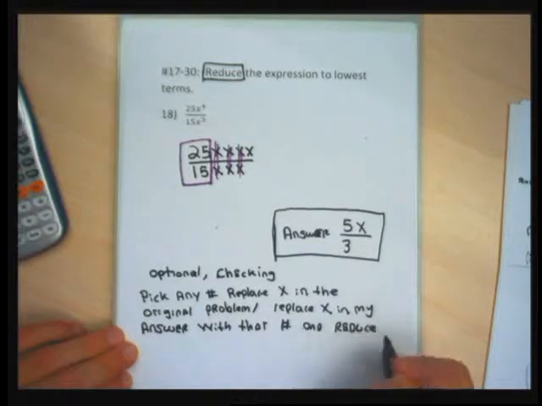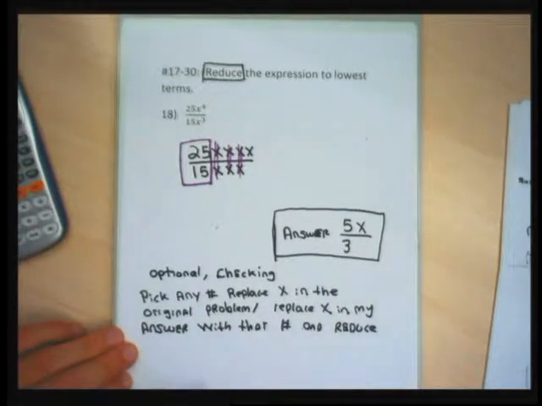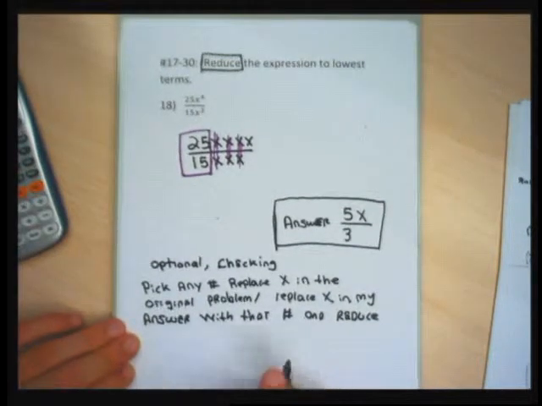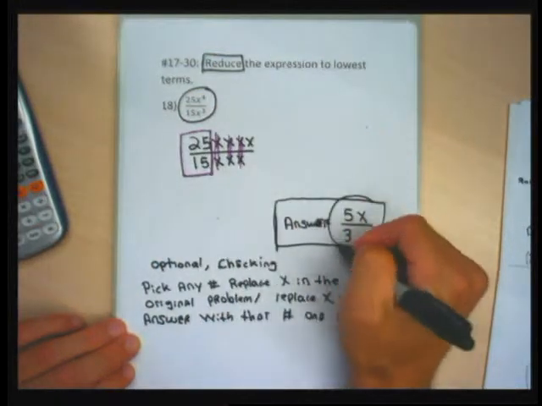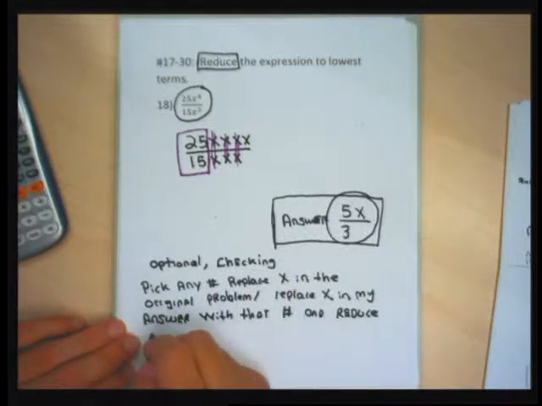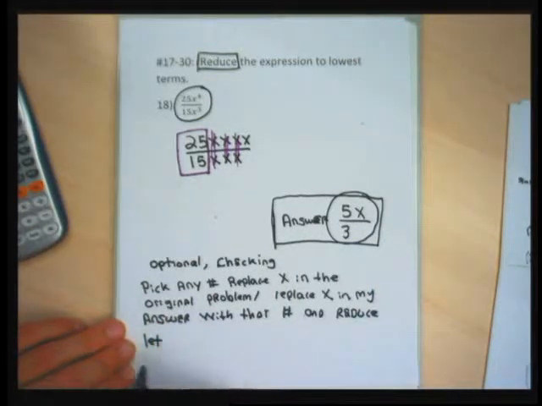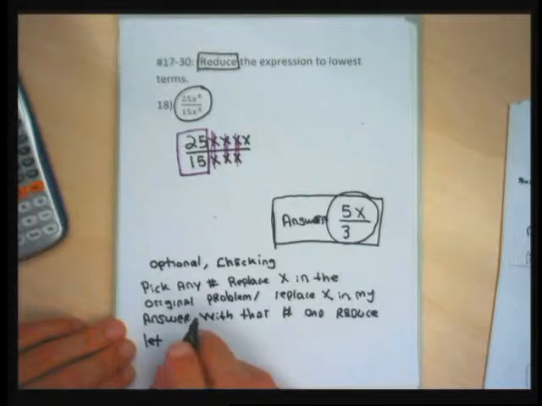For my answer to be correct, I have to have the same simplification. So the original problem is this. My answer is this. So for whatever reason, I don't want to pick 0 and 1 because they're almost too simple of a number to use. So I'm going to let x equal 2, which is a number that's somehow interesting.